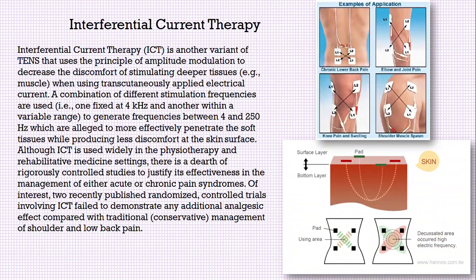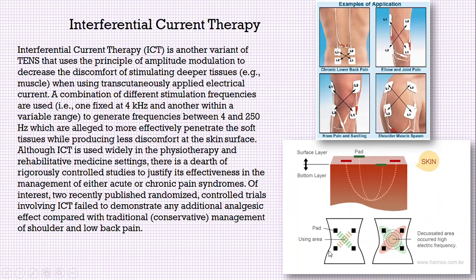So the next type is interferential current therapy, ICT, and it is another variant of TNS that uses the principle of amplitude modulation to decrease the discomfort of stimulating deeper tissues when using transcutaneously applied electrical current. What is different here is the location of the pads.